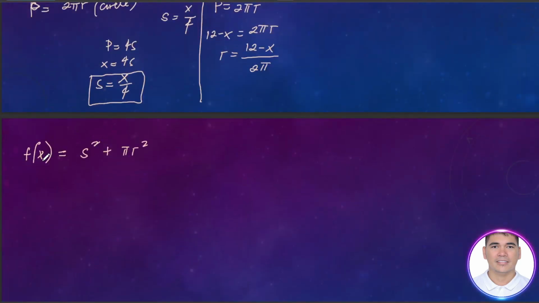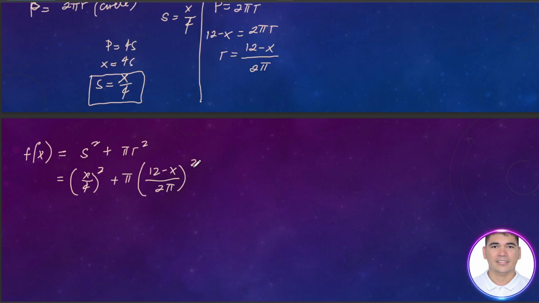So, substitute: our s is x over 4, the square of that, plus pi times our r, which is 12 minus x over 2 pi, squared.